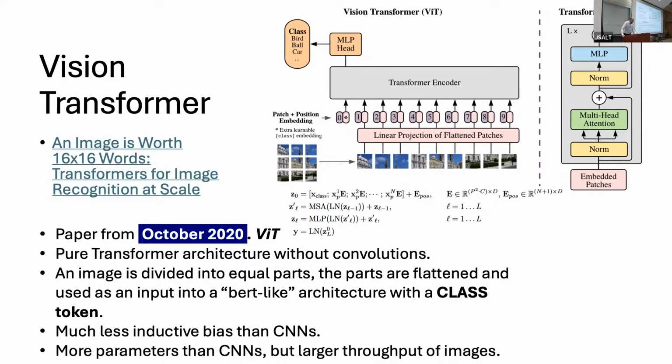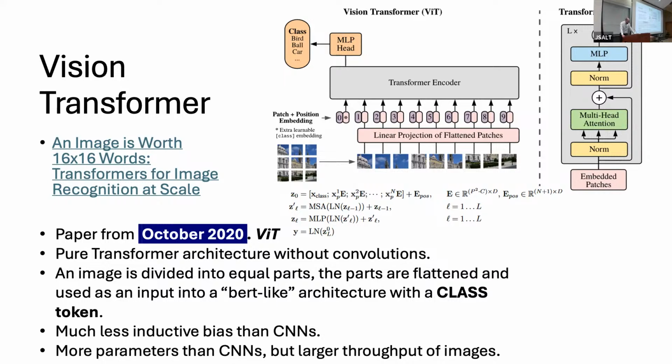As I mentioned, there is much less inductive bias than in CNNs, because CNNs have this equivariance towards translation. No matter where your object is in the image, the convolution will always peak at that position. But this is not available for the transformer, so it has to learn all the objects in all the positions.